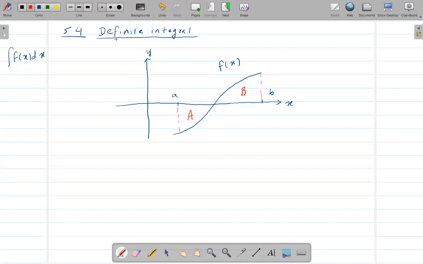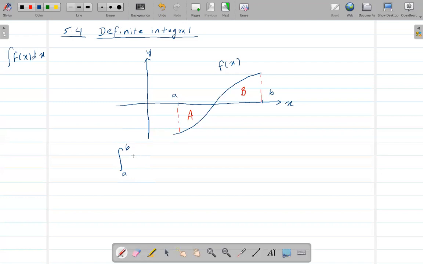When you introduce this definite integral, the definite integrals work with intervals. So if I write the integration sign like this, with a here and b here, that means we're taking the integration from a to b, so from this point to this point.